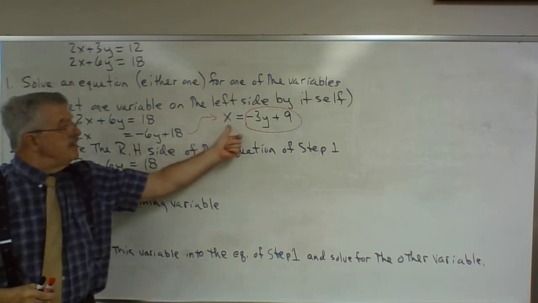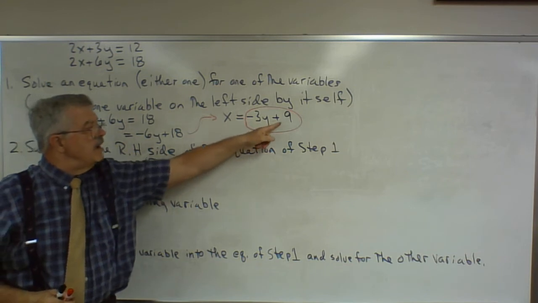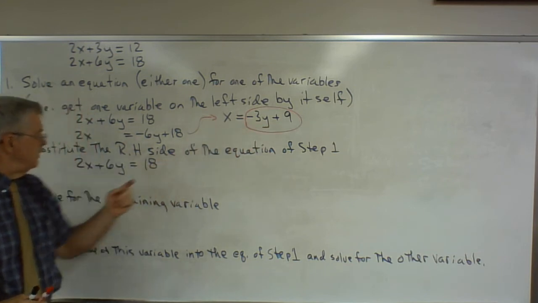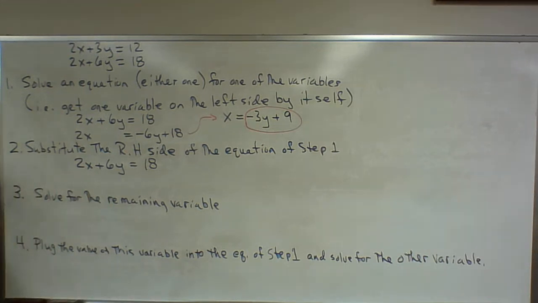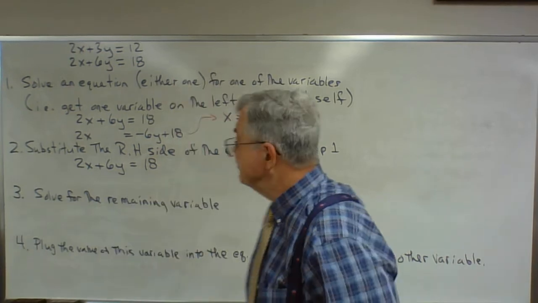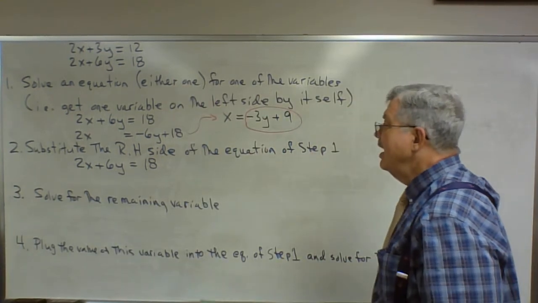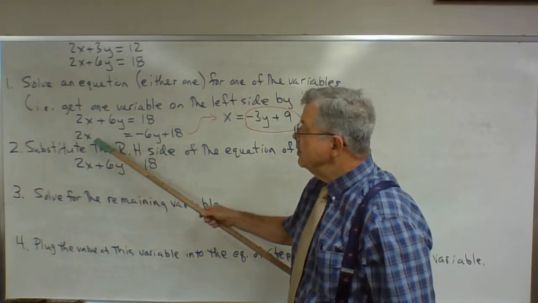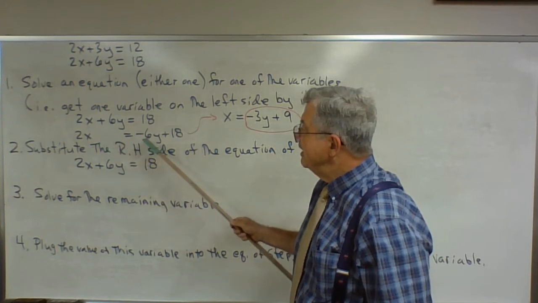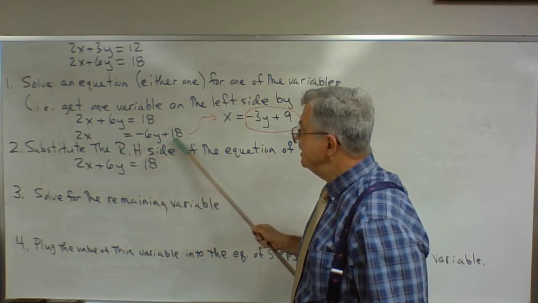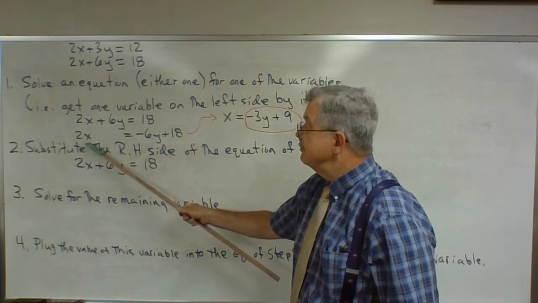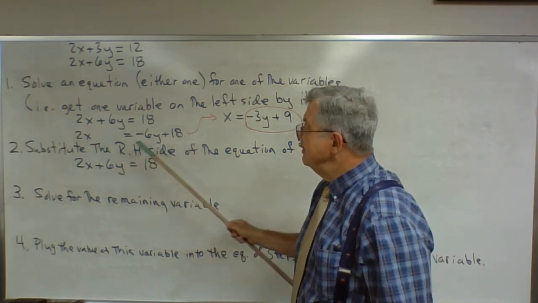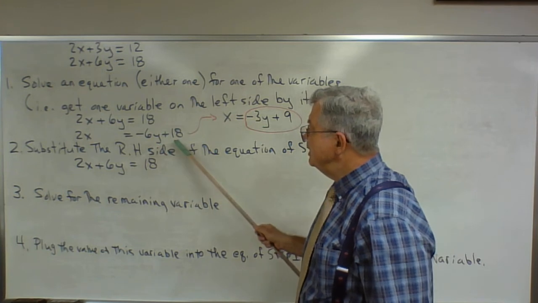Now I can take this, negative 3y plus 9, and substitute that in for x. And that'll be fine, it will work. But you know what? I could take this equation and take negative 6y plus 18, that's equal to 2x. 2x equals negative 6y plus 18.